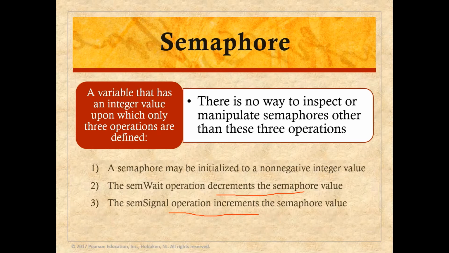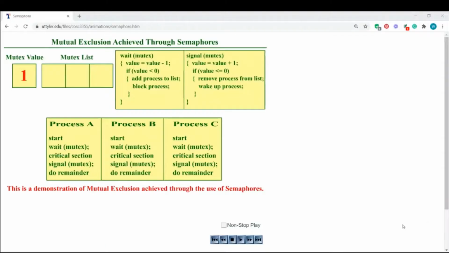So we will look at this using an animation provided from the Stallings book, and I hope you are able to understand the scenario of using semaphore to achieve mutual exclusion. Okay, let's start with this animation.